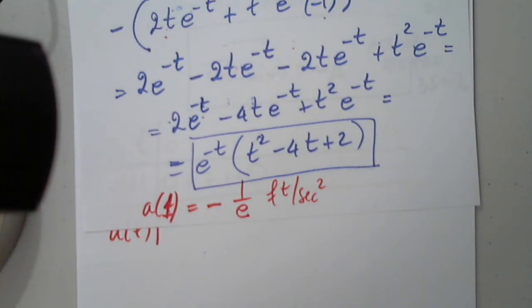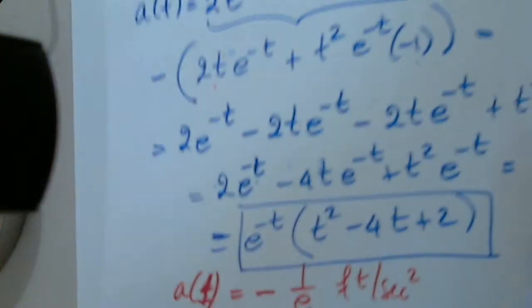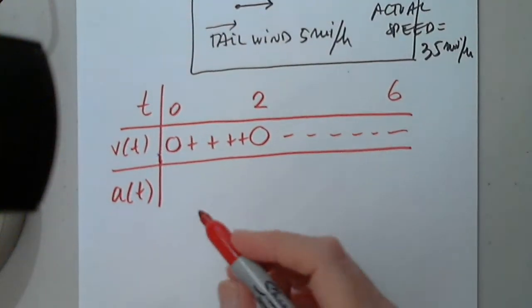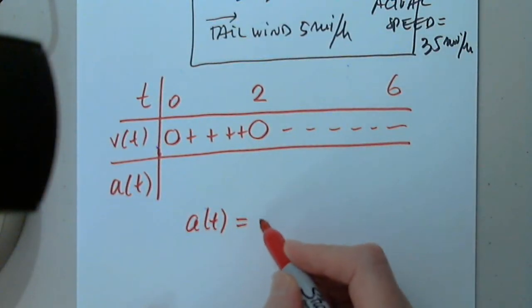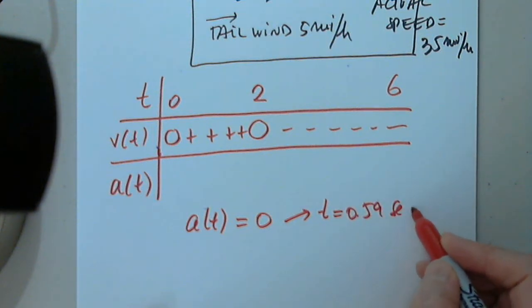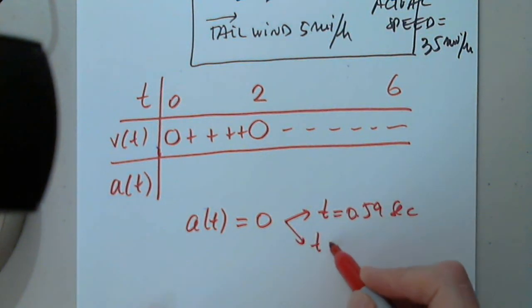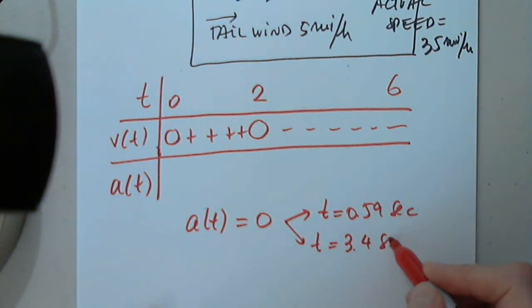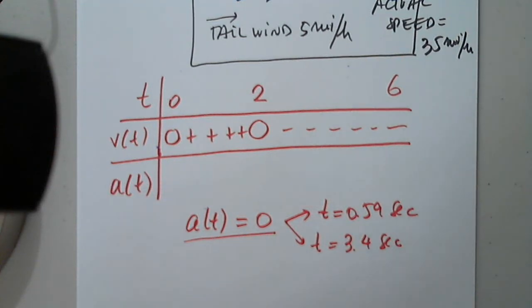Okay, and solve. So 0.59 seconds and 3.41 seconds. So A of t is 0 when t equals 0.59 seconds and when t equals 3.41 seconds. Okay? So I have to put them in.